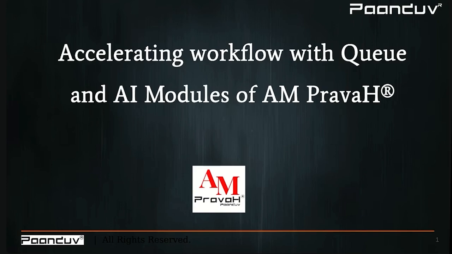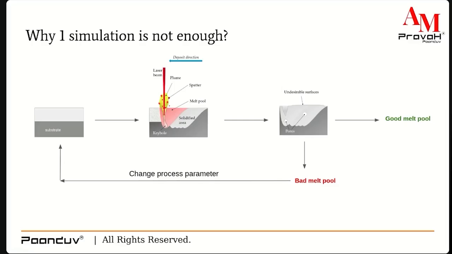As we all know, when it comes to additive manufacturing, especially metal systems, running just one simulation is never enough. Whether we are trying to optimize process parameters or develop a new material, we usually need to run dozens of simulations, if not hundreds.